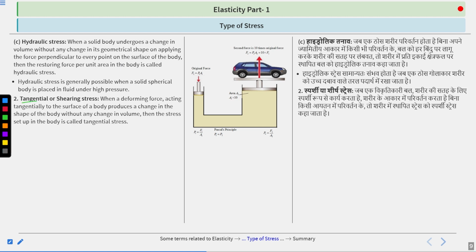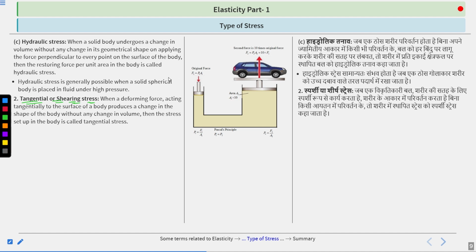After this, tangential or shearing stress. What is this stress? When a deforming force acting tangentially to the surface of a body produces a change in the shape of the body without any change in volume, then the stress set up in the body is called the tangential stress.